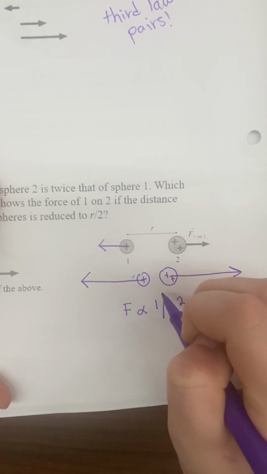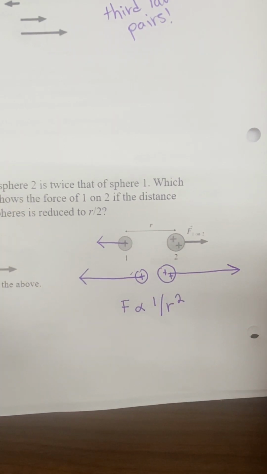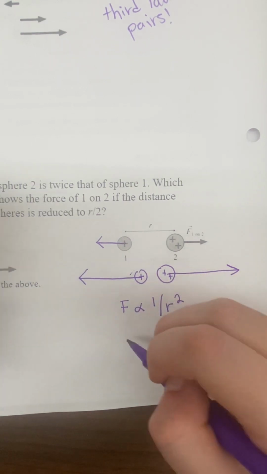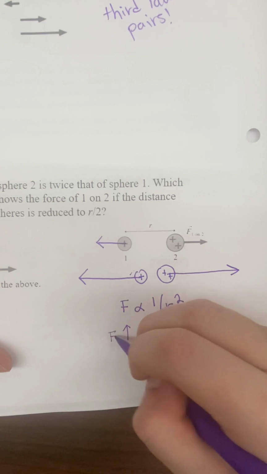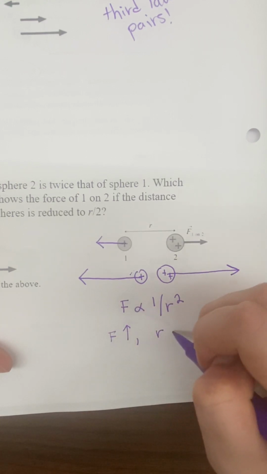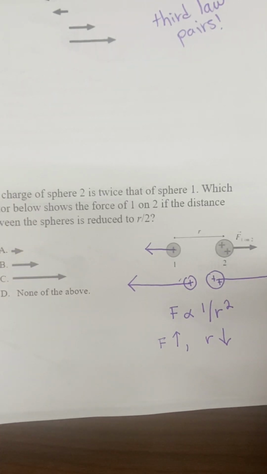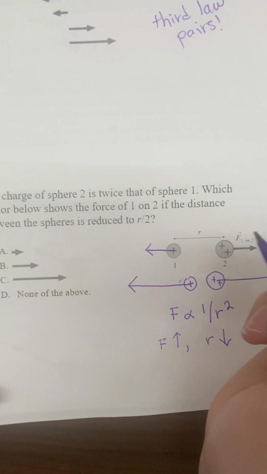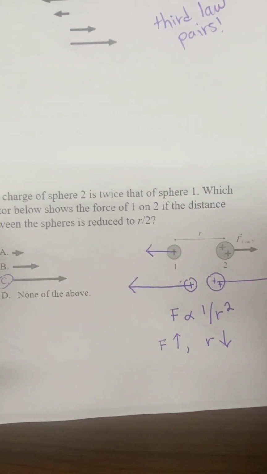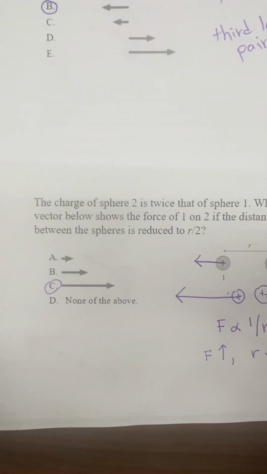We know that charge and the electrostatic constant are in there, but if those are held constant, force increases when r decreases. So I think C would be the best answer. Yeah, so it'd be asking for the vector that would go with this guy. So C is the best answer.